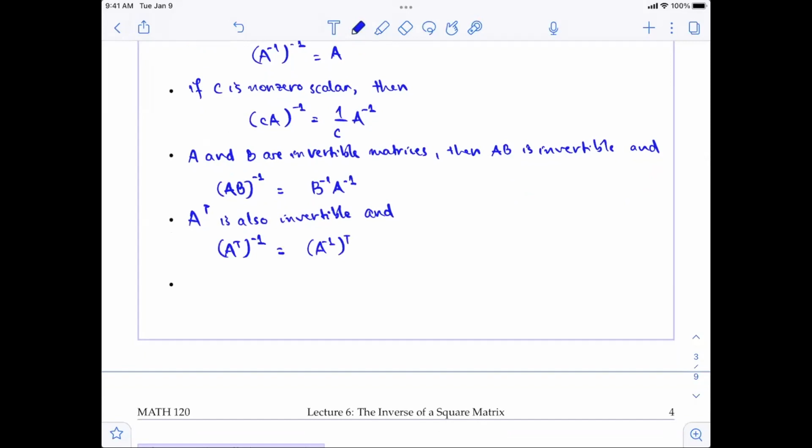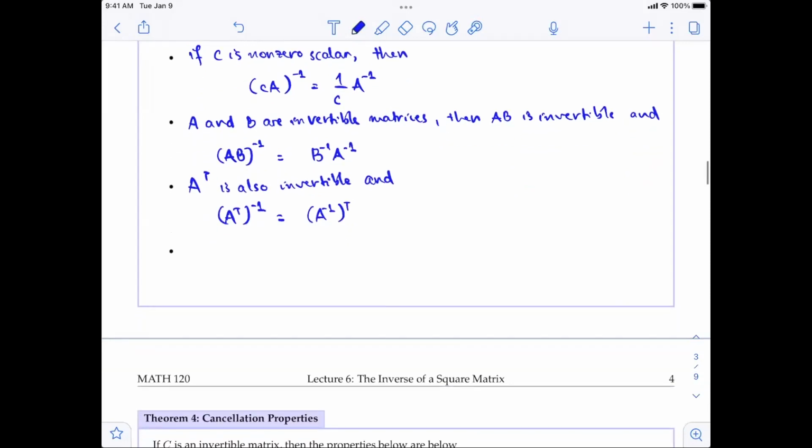Okay. Now, if you want to find the inverse of the power of a matrix, right? A to the power n is invertible for all non-negative integers n.